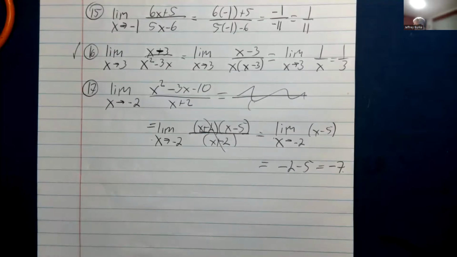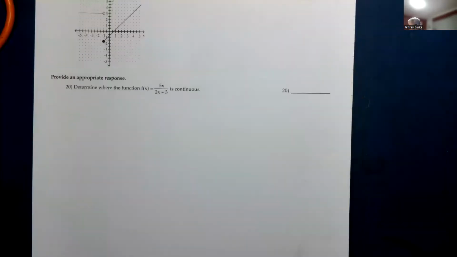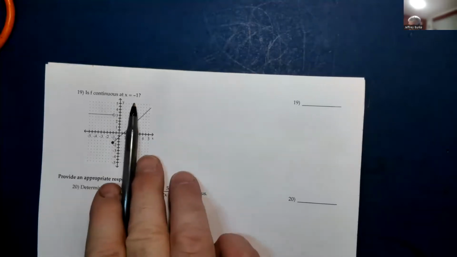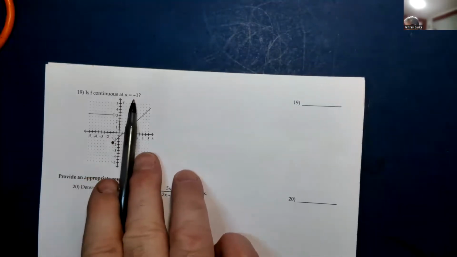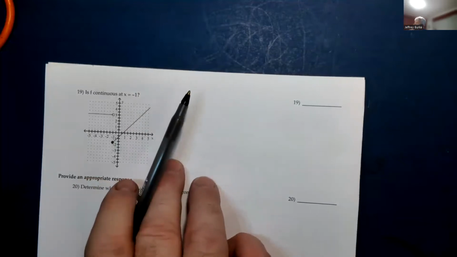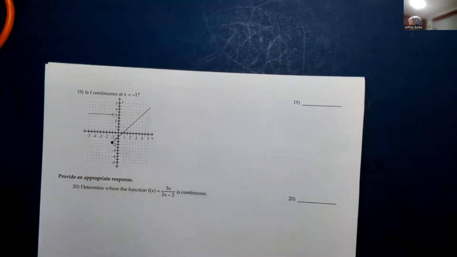All right, we have 2 more questions on the last page. Here we go. These 2 I'm just going to complete in here since I have ample space. Now it asks the question, is f continuous at x equals -1? For this one, it is not continuous, okay?